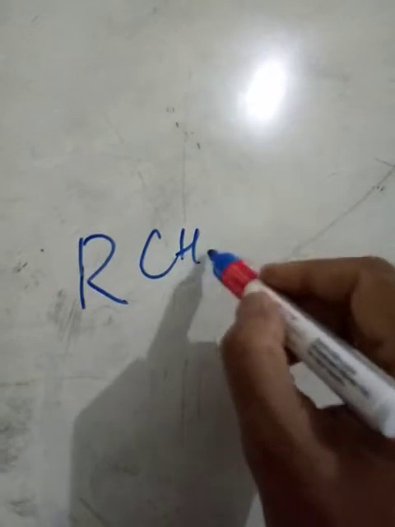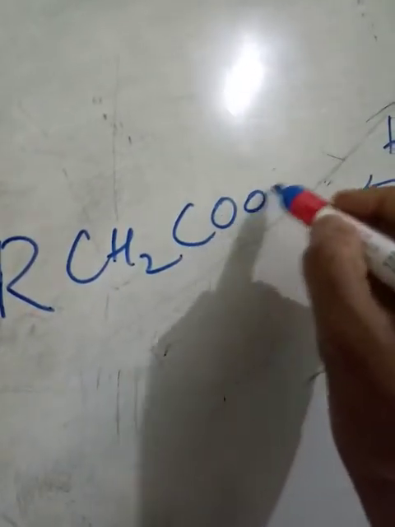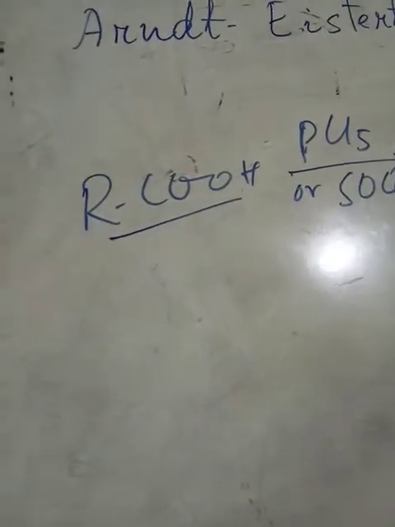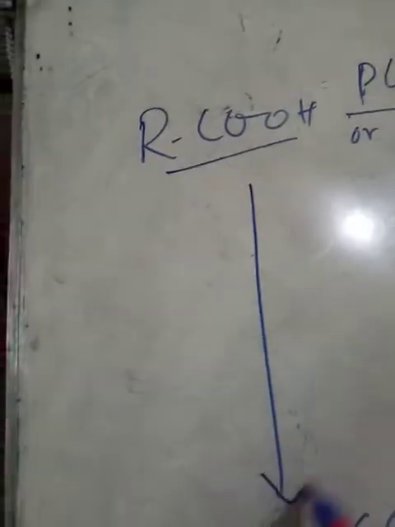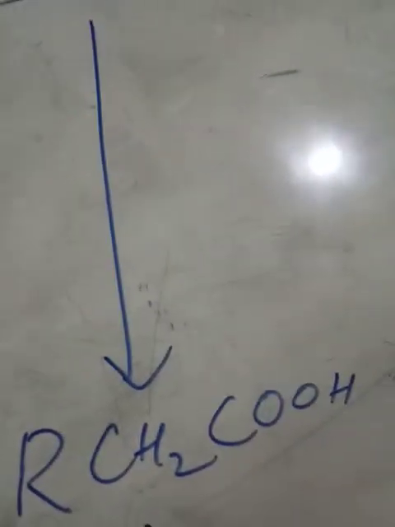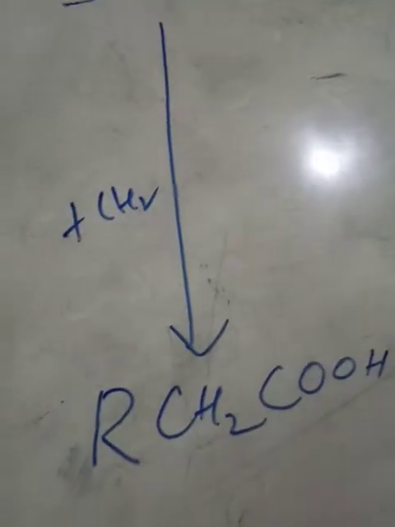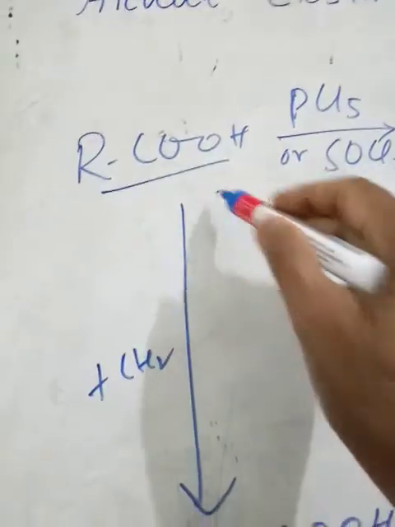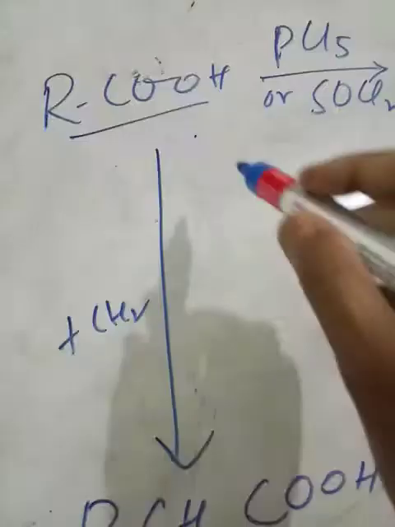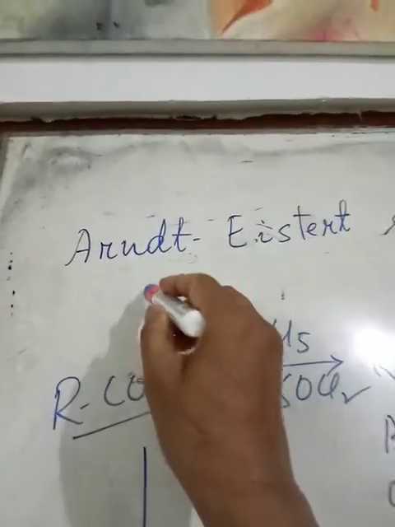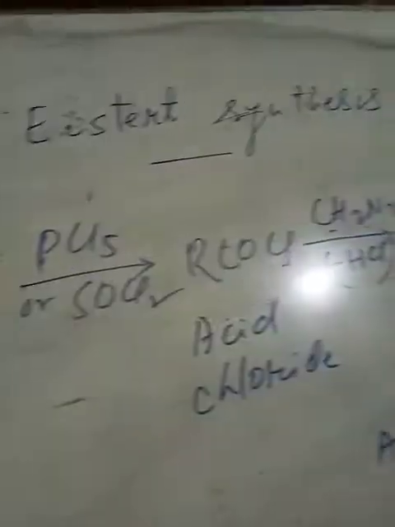You will get RCH2COOH. That means you started with RCOOH and you are getting the next homologue RCH2COOH. By adding CH2, you get the next homologue. So from lower member to higher member, you are preparing acids by Arndt-Eistert synthesis.